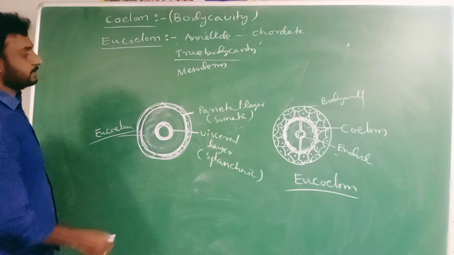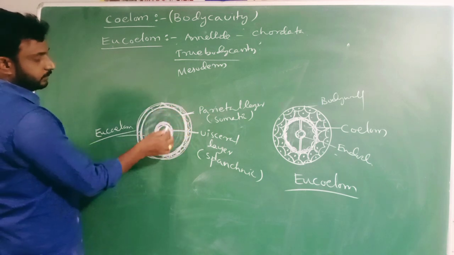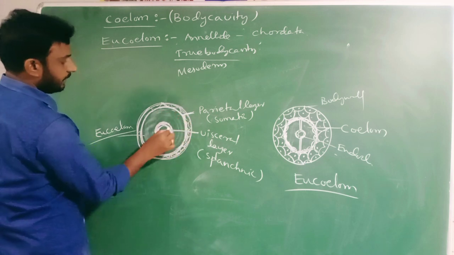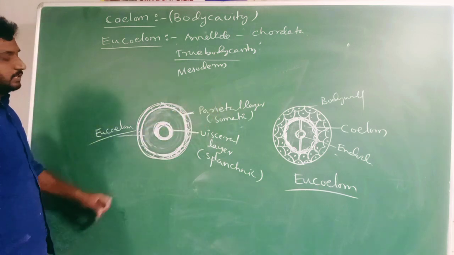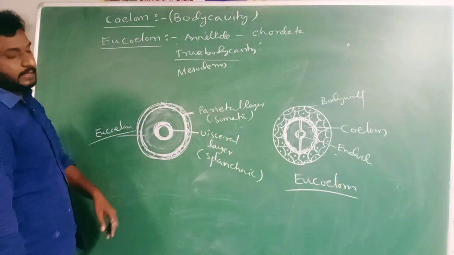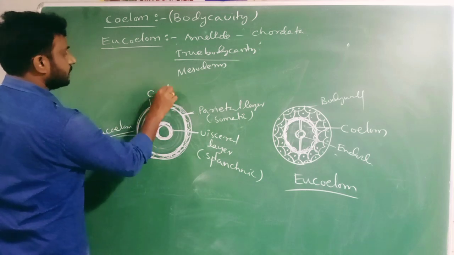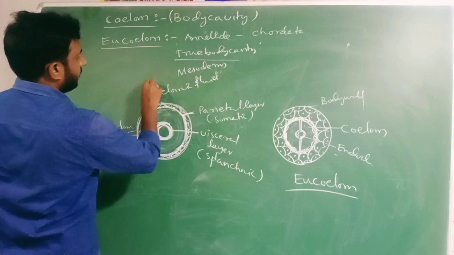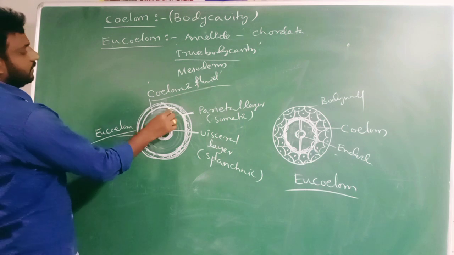But in the eucoelomates, mesoderm gives rise to two layers that line the cavity: the outer parietal layer and the inner visceral layer. The space between these two is the true body cavity, which is filled with a fluid called coelomic fluid. For example, in annelids like the earthworm, it is filled with coelomic fluid.